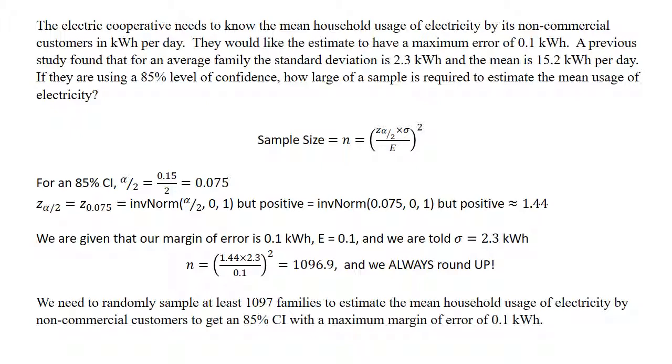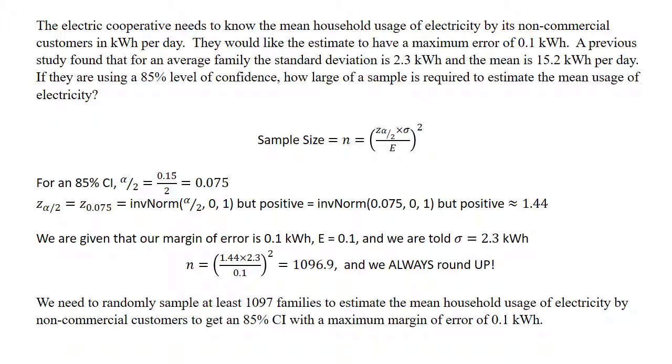To find the z alpha over 2, we have an 85% level of confidence. So alpha is 100% minus 85%. 85% in the middle leaves 15% left for the tails. Take that 15, divide by 2 to find the area in a given tail.